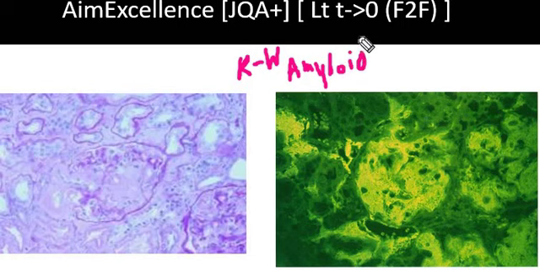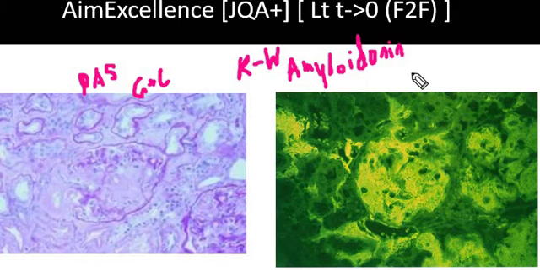It is actually associated with systemic amyloidosis, and here you are seeing the stain showing the glomerulus and the capillaries involvement.